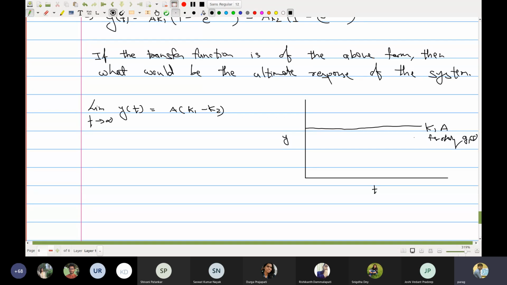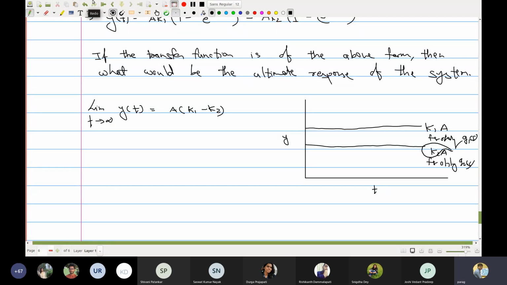G1 of s. K2 would be the response K2 of A, only for G2 of S, right? But here K2 will become negative, this gain because of the negative sign.